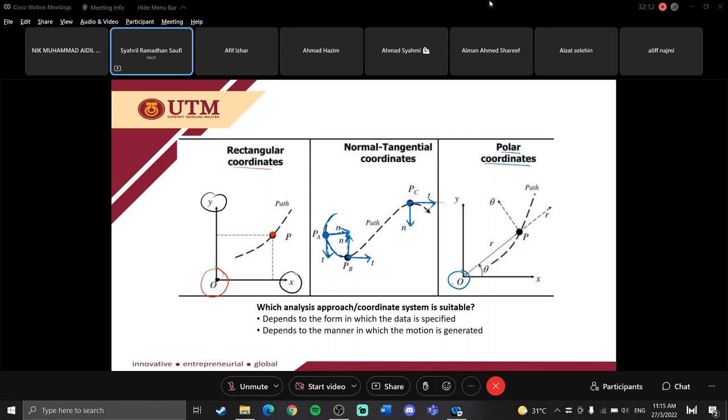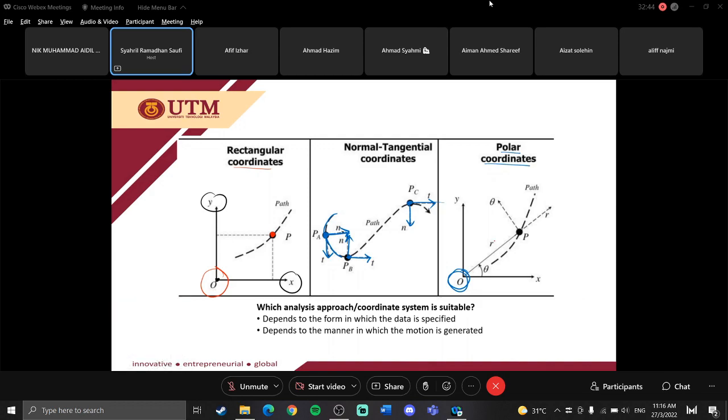When you want to measure r or theta, you need to have a reference point. For this example, the origin is your reference point. For polar coordinates, you will have a parameter r and a parameter theta, which represent the positive and negative directions.